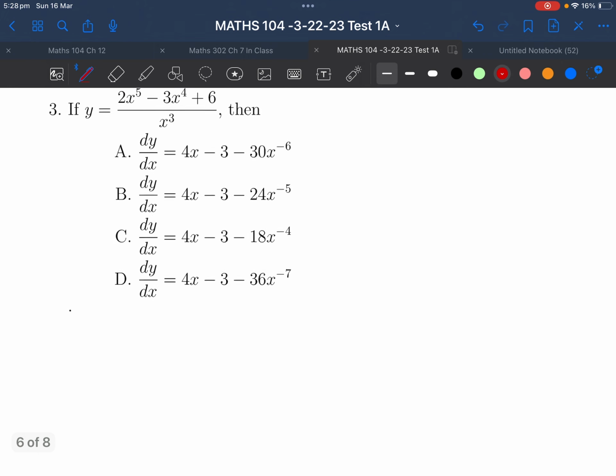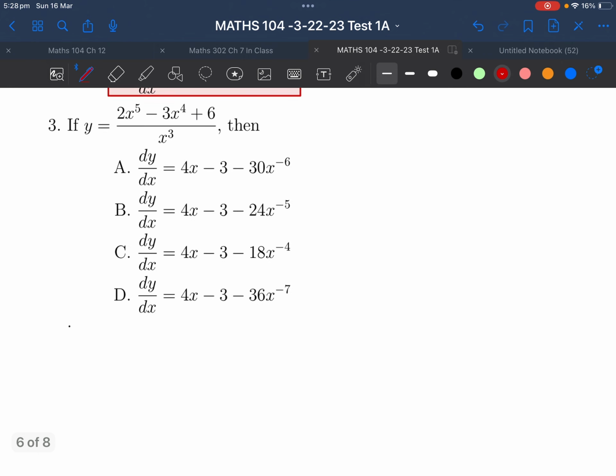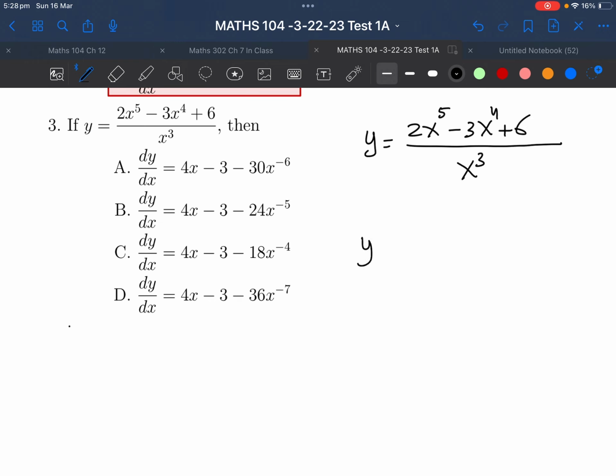That's the answer. Next question, if you remember this question, we need to split the denominator. Of course, we can use the quotient rule, but splitting the fraction would be much easier. How do we split the fraction? Remember, this will go down here, and this will go down here, and this will go down here.